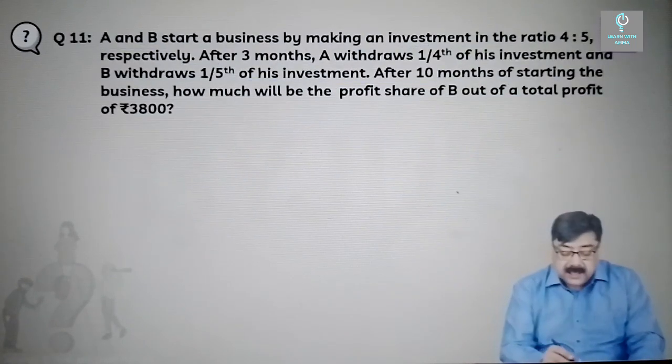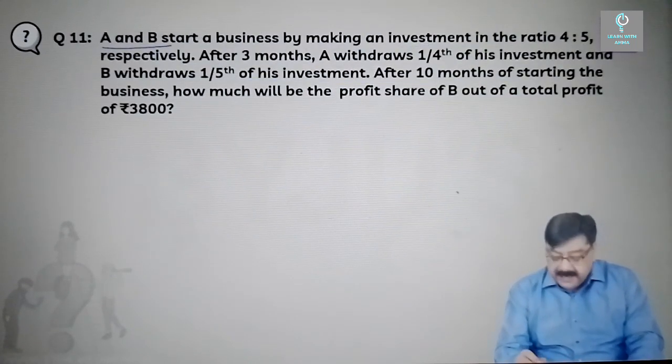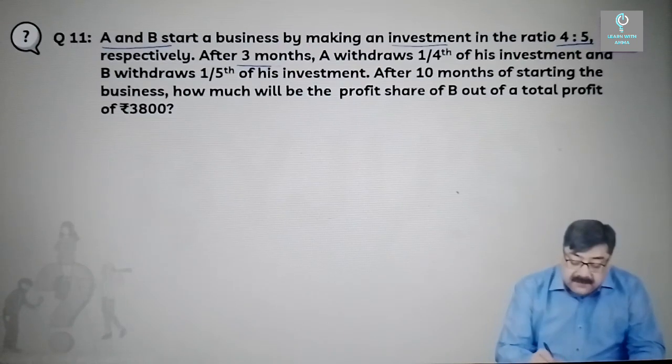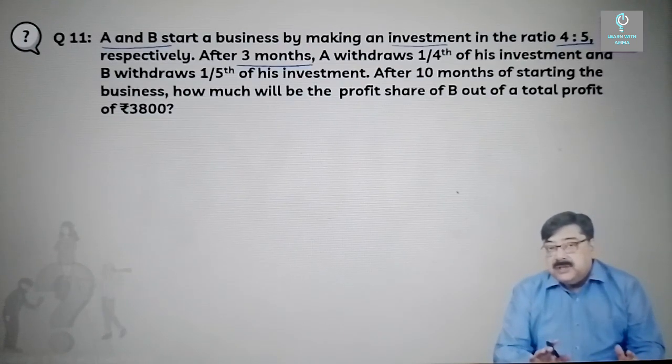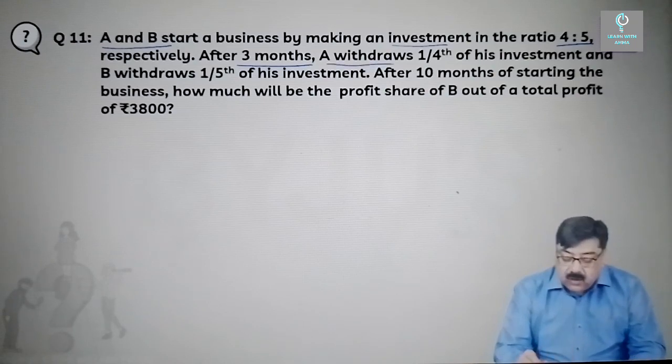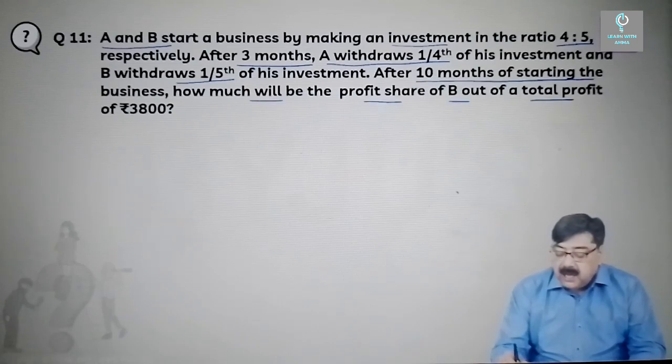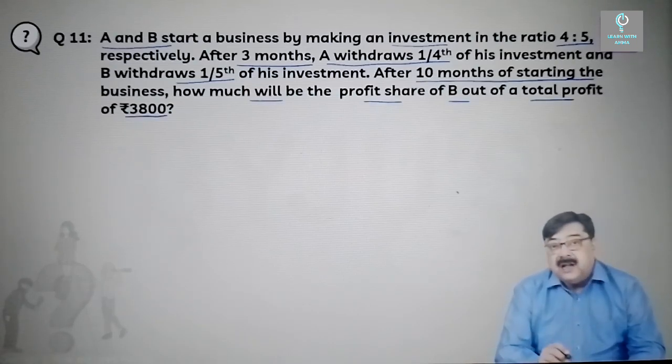For the next question, A and B start a business by making an investment in the ratio 4:5 respectively. After 3 months, now again, time duration is coming into view, A withdraws 1/4 of his investment and B withdraws 1/5 of his investment. After 10 months of starting the business, how much will be the profit share of B out of a total profit of 3,800?